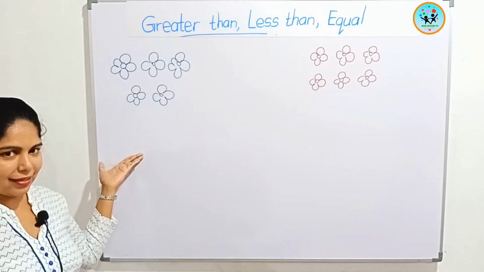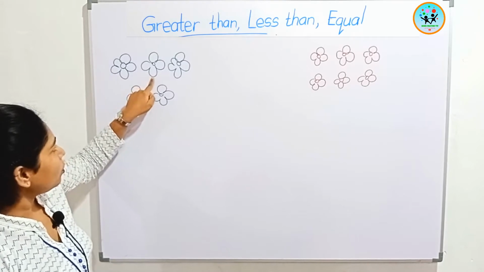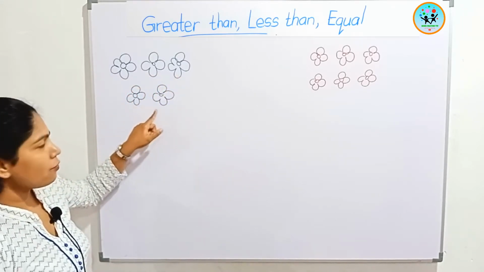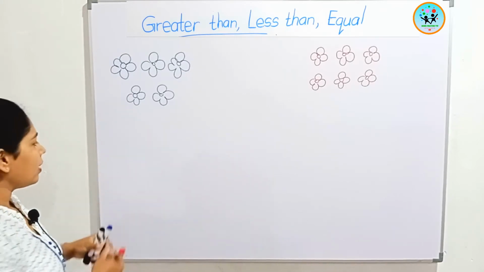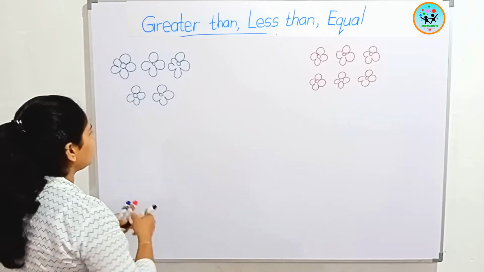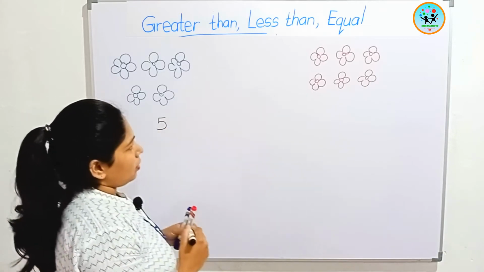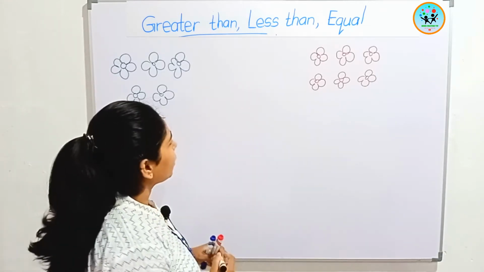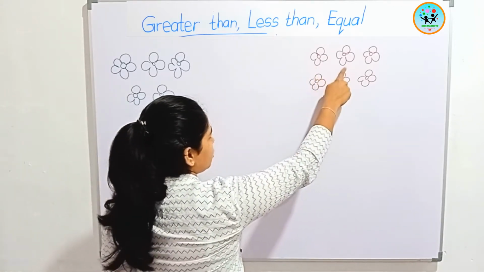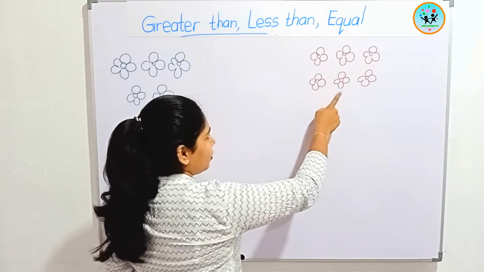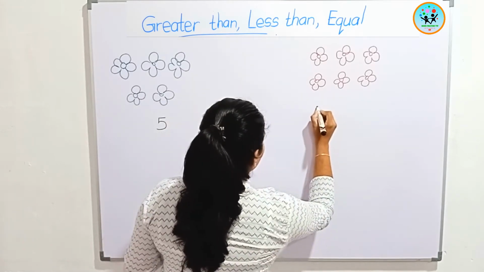How many flowers are here? Can you count? 1, 2, 3, 4, 5. On the left side, 5 blue flowers are here. We will look at right side. How many flowers are here? Can you count? 1, 2, 3, 4, 5 and 6. 6 flowers are here.